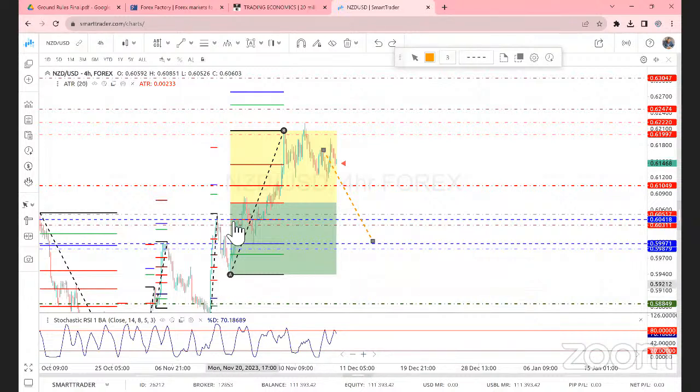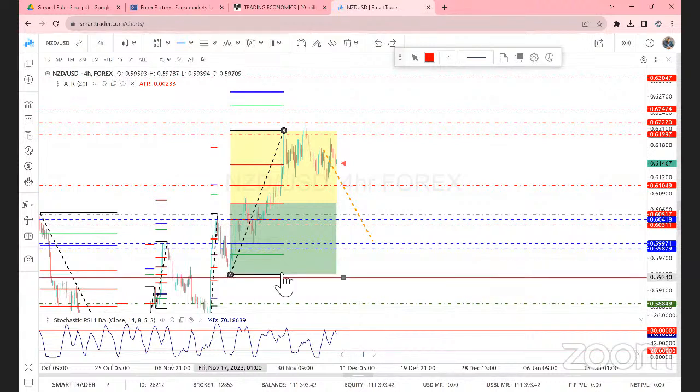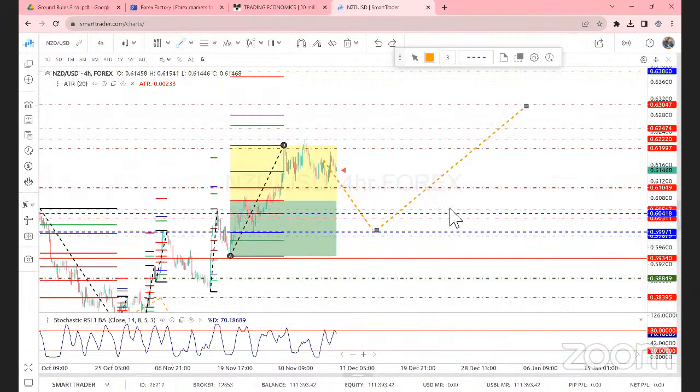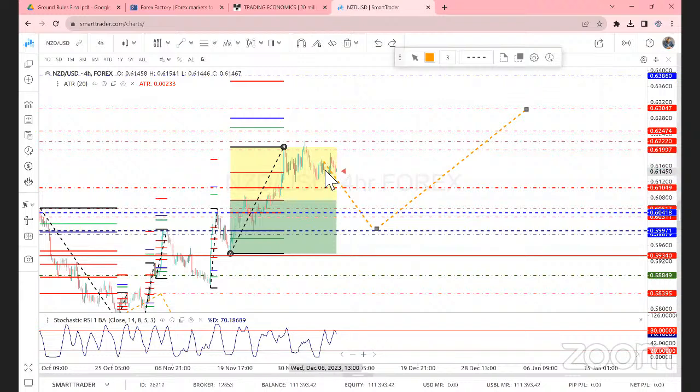So if it doesn't take out the A, it has no choice but to go my way, as my mentor used to say all the time. I want that deep correction. Better value. So having the rules eliminates a lot of the noise.